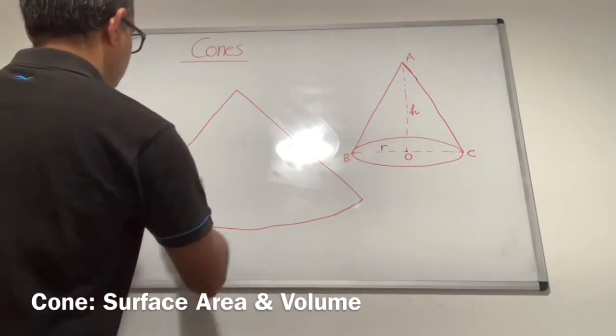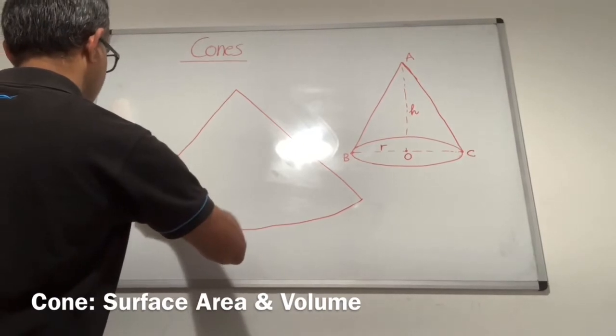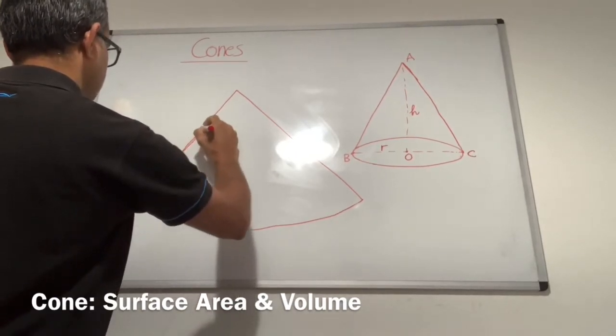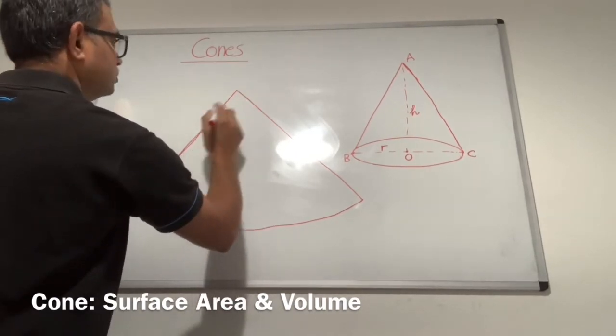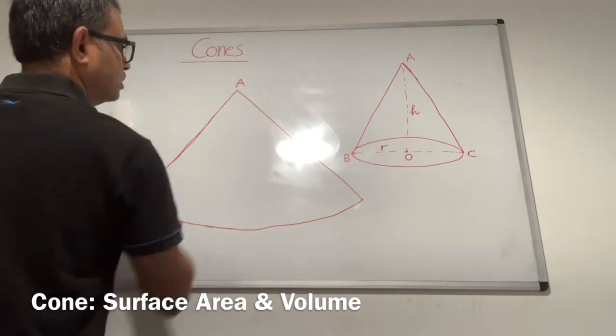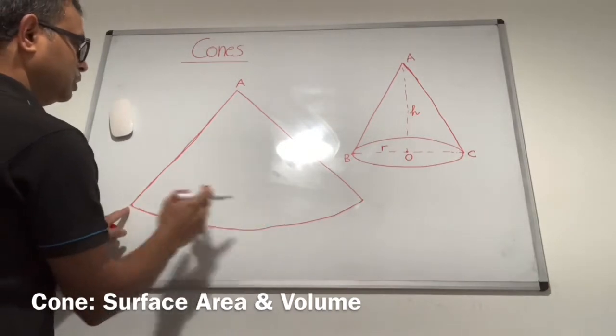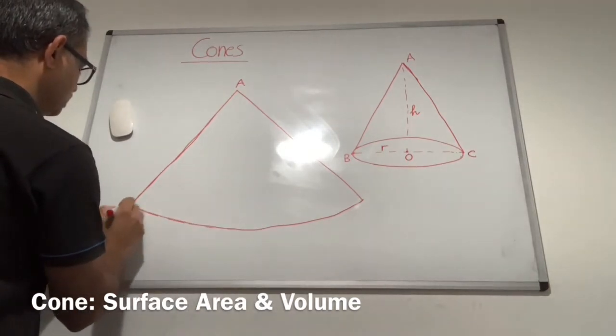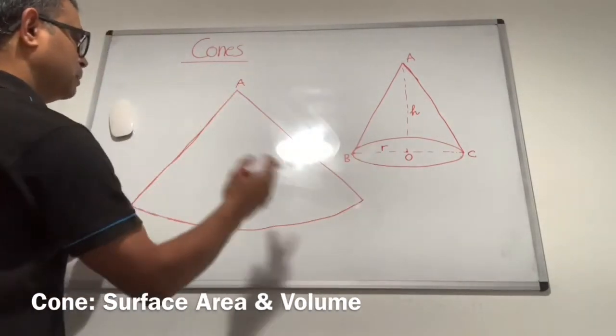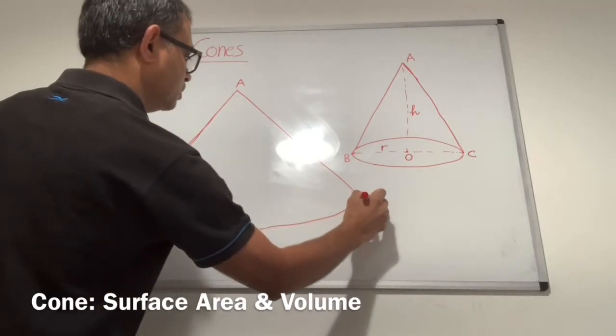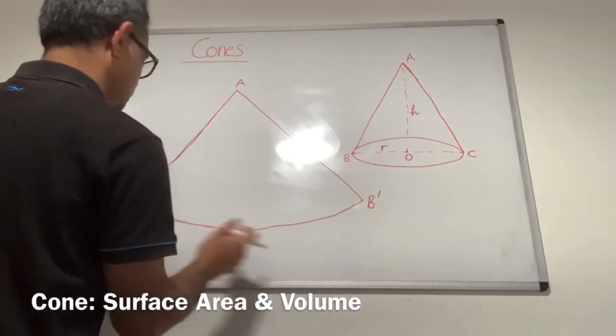And what would be this length? This one. This is your A, and B, and this B dash. Once you wrap it up, this point would come and sit on this point.